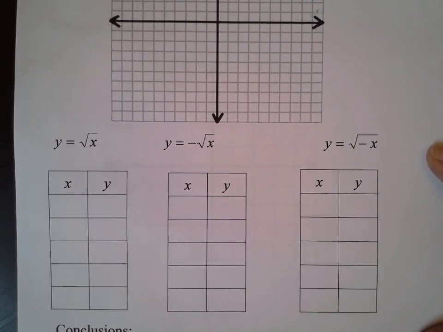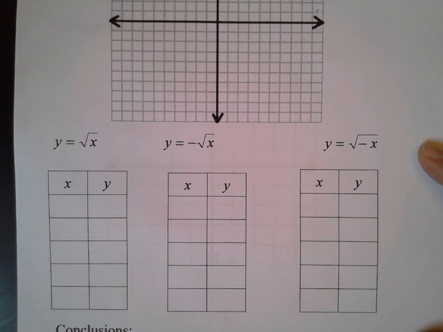So let's start with the square root of x. Do you remember what x values work best for the square root? Usually I get you guys to say perfect squares because those are really convenient, and today we're going to make use of that. We're going to use perfect squares, but remember also the numbers have to be positive.